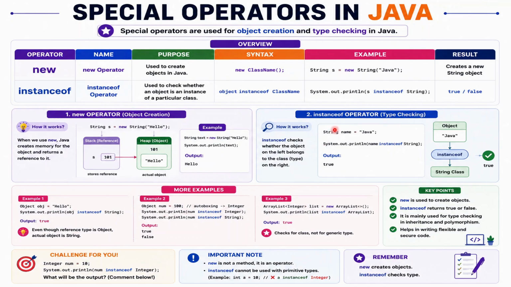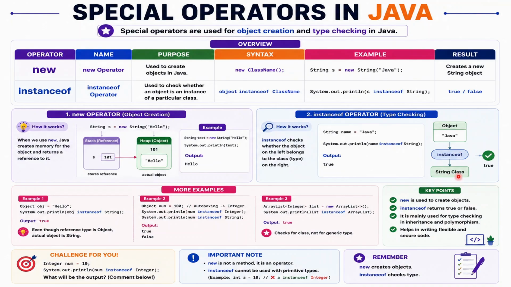Now let's move to the instanceof operator, that is type checking. How does the instanceof operator work? Instanceof checks whether the object on the left side belongs to the class type on the right side. We have String name = "Java"; System.out.println(name instanceof String). Here the output will be true. How? We have the object Java, and it is checking whether it is an instance of the String class.